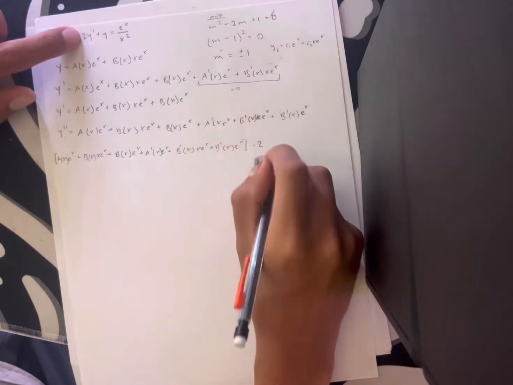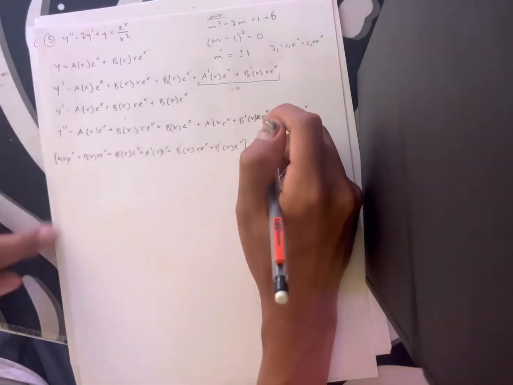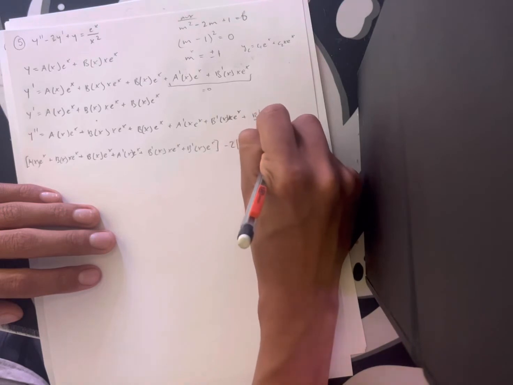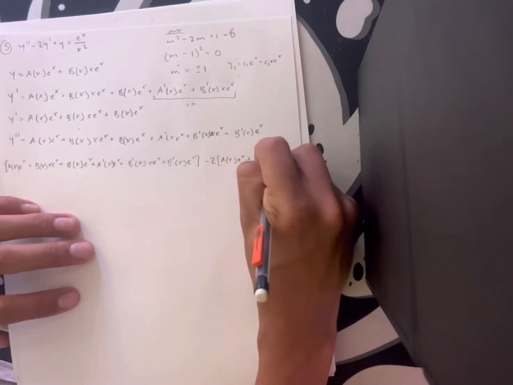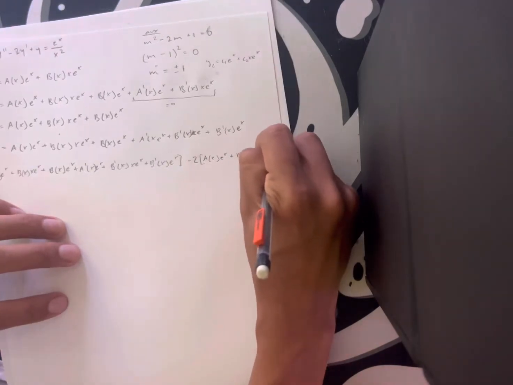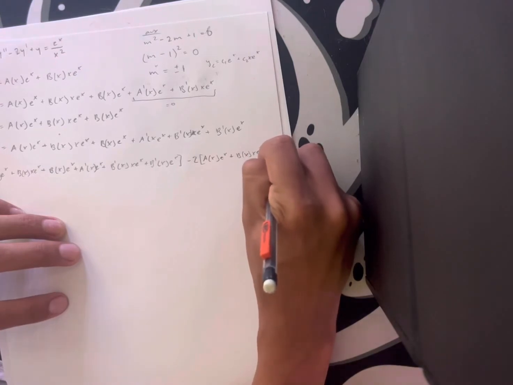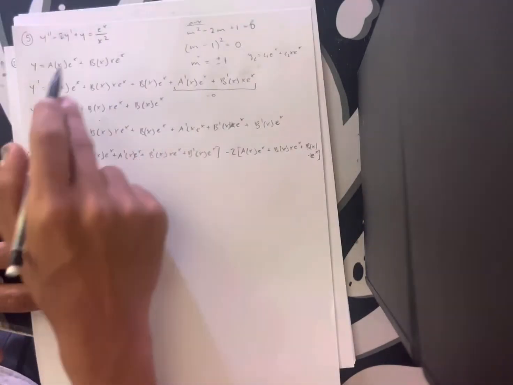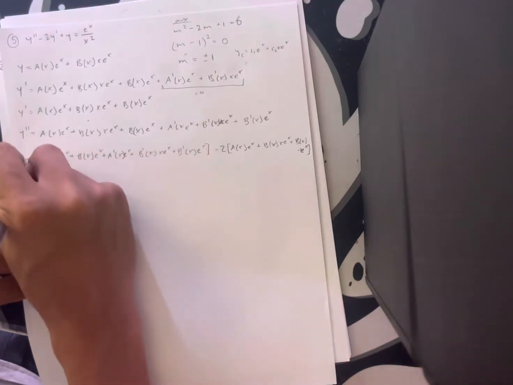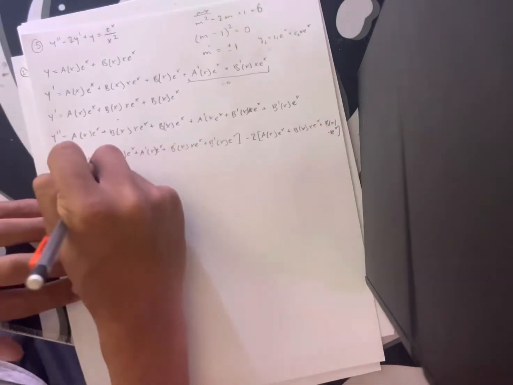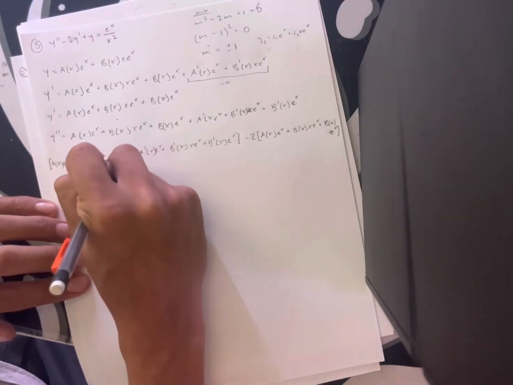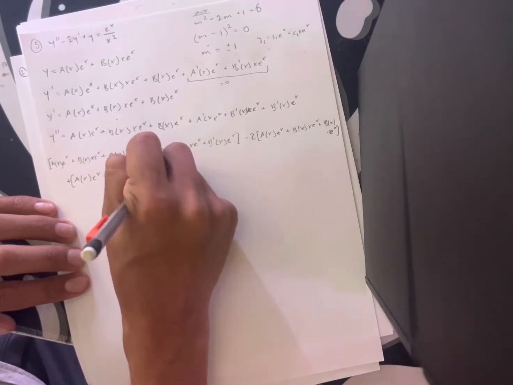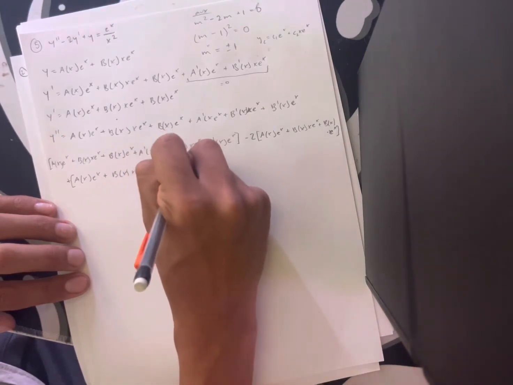Minus the 2 from here, and then you're going to rewrite this whole equation again, b(x) x e^x, and then it'll be added by this last equation plus a, and it'll all be equal to e^x over x squared.